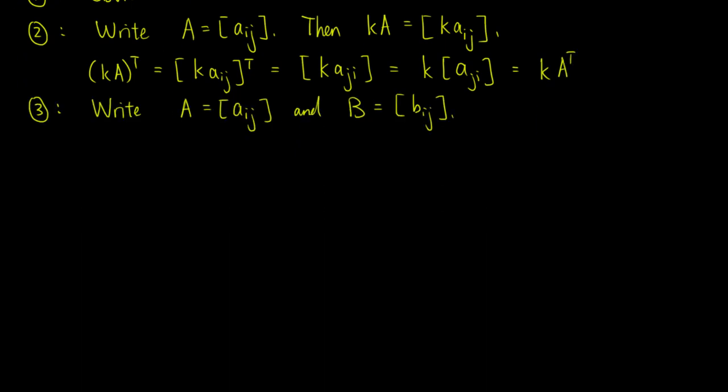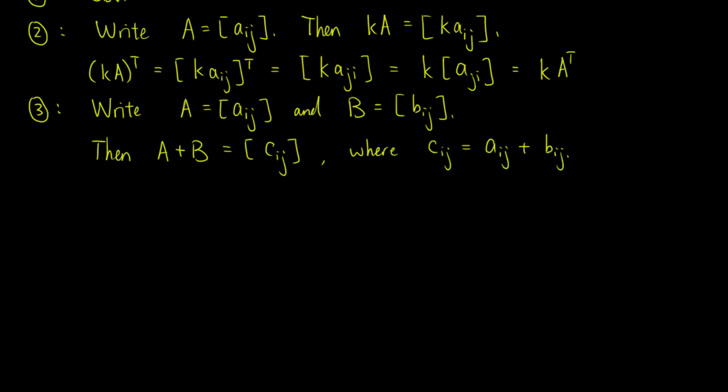For the third property, we write A as the matrix with entries a_ij and B as the matrix with entries b_ij. We also write A plus B to be the matrix with entries c_ij, where c_ij equals a_ij plus b_ij.